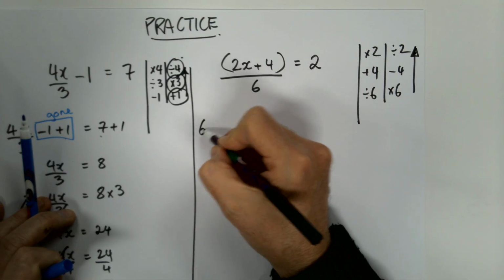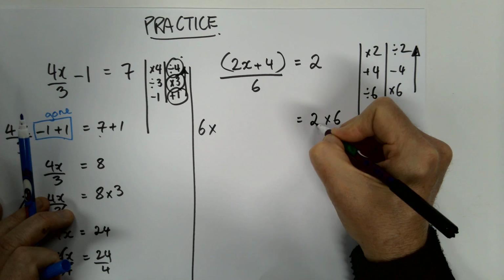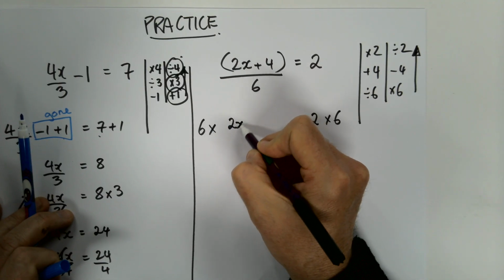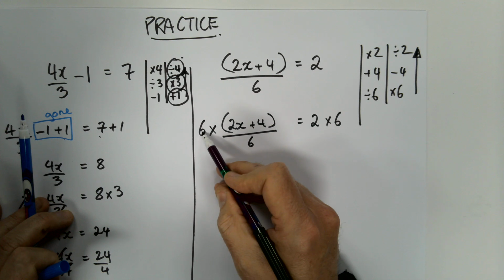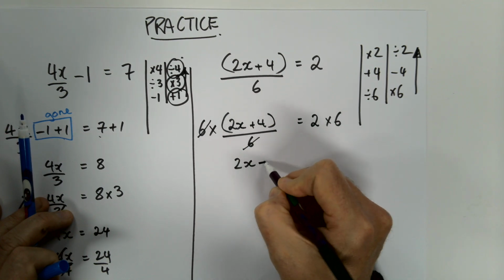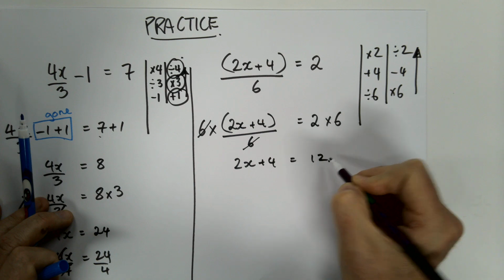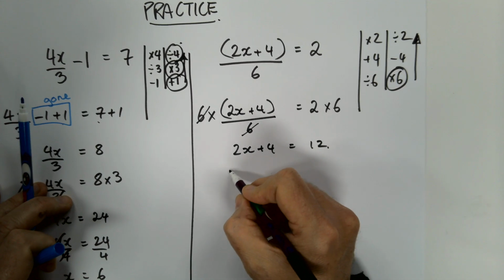All right, so let's go. I'm going to multiply both sides by 6. So I've got 2x plus 4 all over 6. 6 on the top, 6 on the bottom, they cancel. So I've got 2x plus 4 equals 12. Done that one. Now I subtract 4.